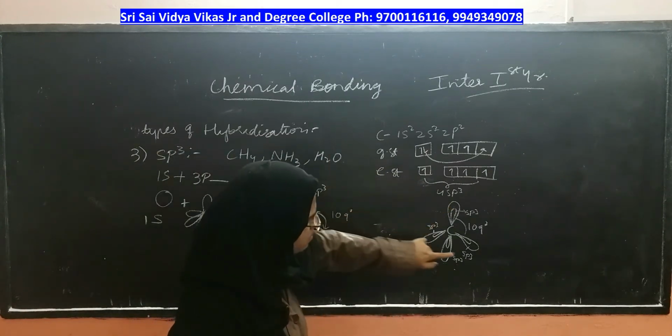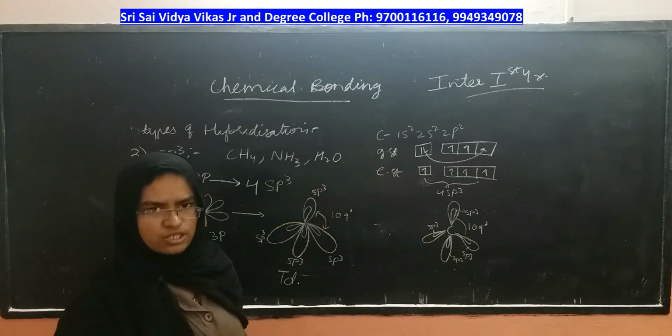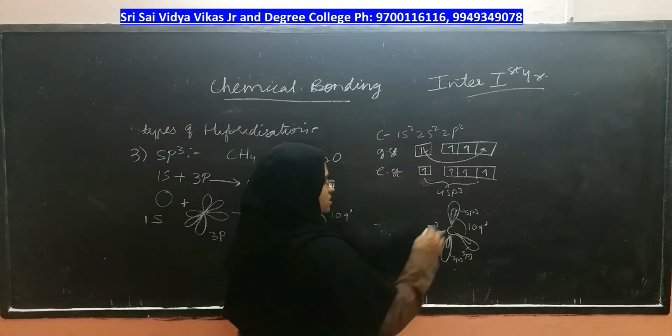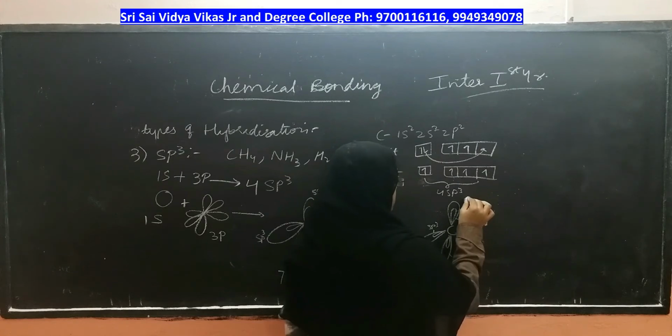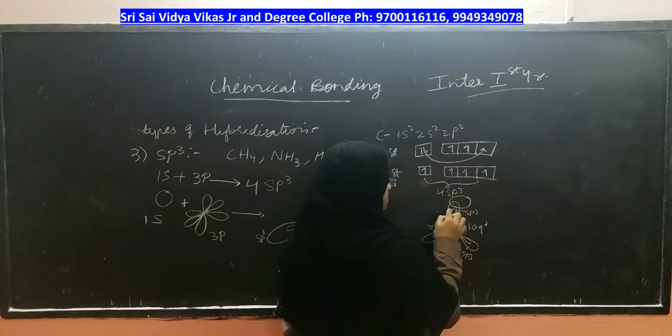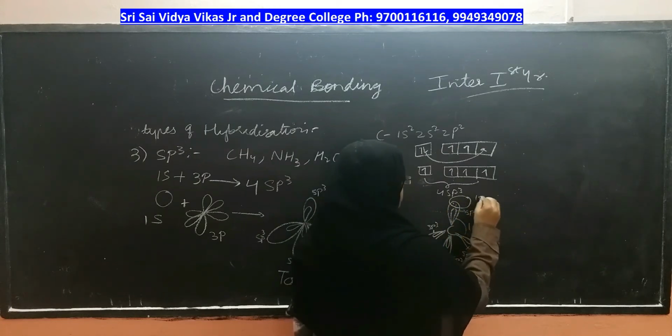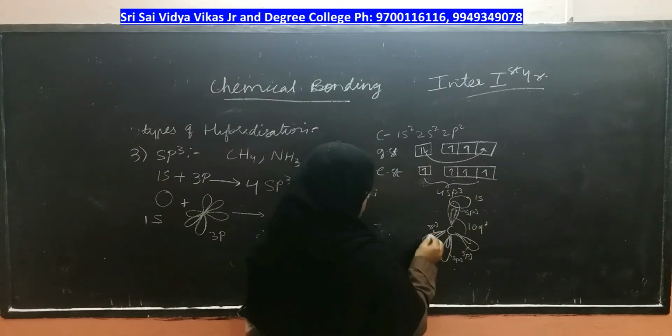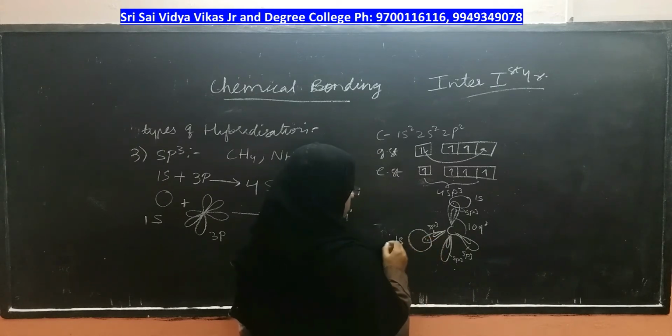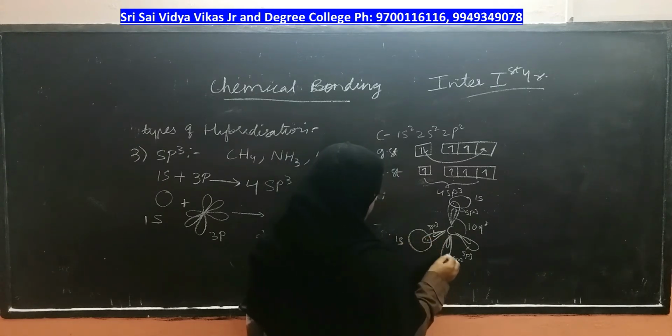With 4 same hybrid orbitals, overlap will also be the same with all the 4 hydrogens. Which orbital is present in hydrogen? S orbital, spherical. 1 electron from sp3, 1 electron from 1s hydrogen.